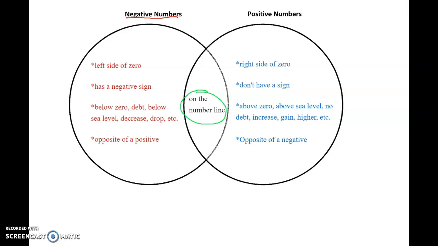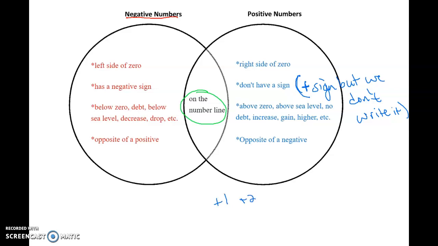And it's going to be the opposite of a positive. Well, what are positive numbers then? Well, they're on the right side of 0. They don't have a sign. Well, they do. They have a positive sign, but we don't write it. Sorry, I know that was really sloppy. We recognize this as a positive, but we just don't write it out. We don't write positive 1, positive 2. It would look kind of funny if we did.